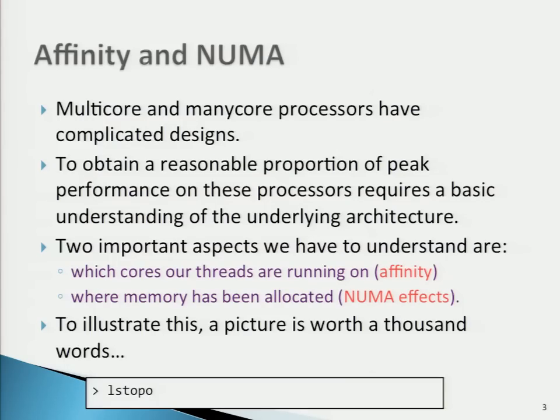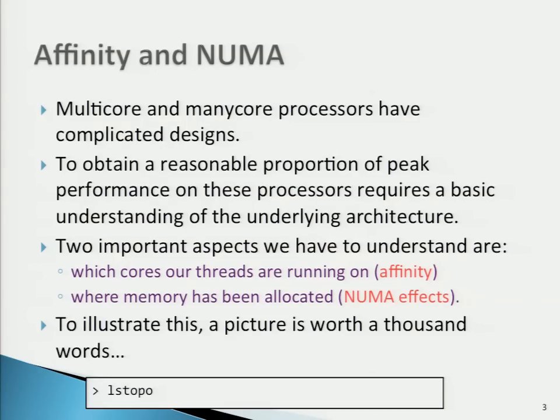If you log on to many systems at CSCS, sometimes you have to load a module file, and you have this application called lstopo. If you're in the terminal and type it in, and you don't have X open, it will just give you some simple text output that tries to draw a diagram of what the different processors and sockets look like, how much cache and how many cores they have.